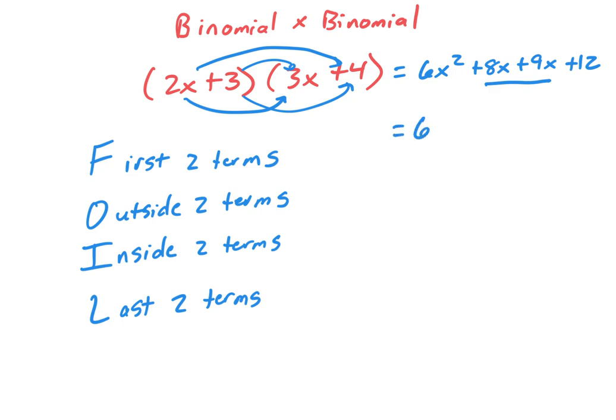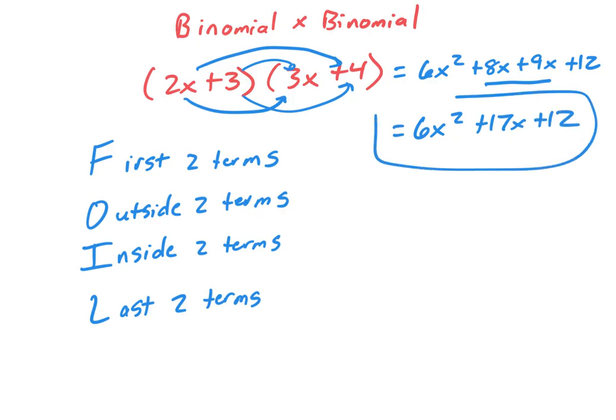Not every single time, but a lot of times I will be able to combine those together, and that would be our answer. Okay. Obviously, you don't have to write out FOIL every time, but FOIL is just a way to remember first, inside, outside, last, and remember the order. But really, it's just distribute, right? We're taking 2x times both, we're taking 3 times both, and combining all of our terms together.